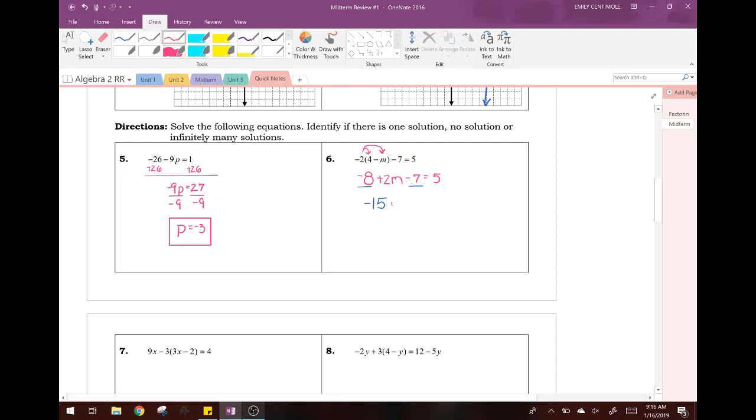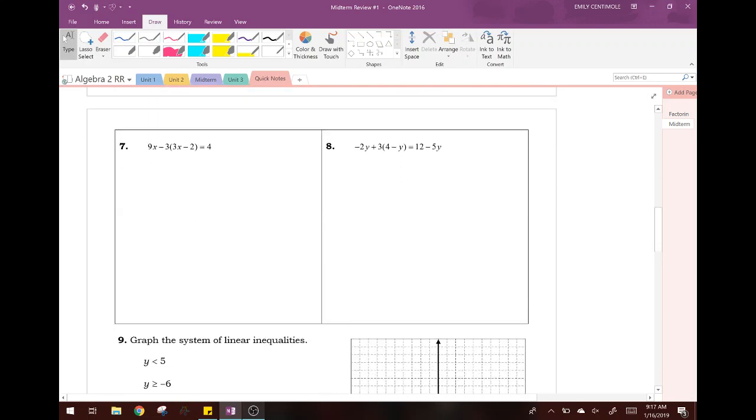The 2m and the 5 will just carry down. I am now going to add 15 to both sides. I want to isolate the variable m, so I have to get it alone. 2m equals 20. Then I'll divide both sides by 2, and I get m equals 10. Circle that up. Final answer.